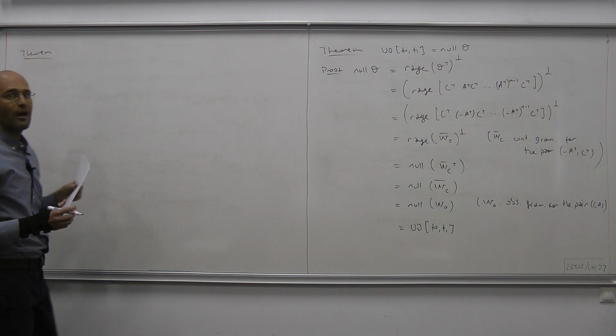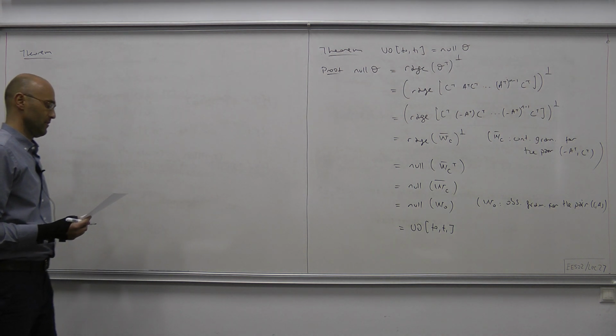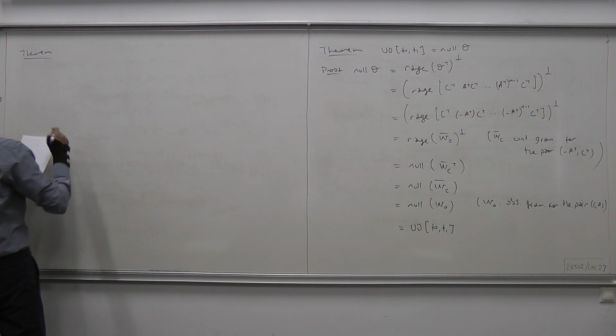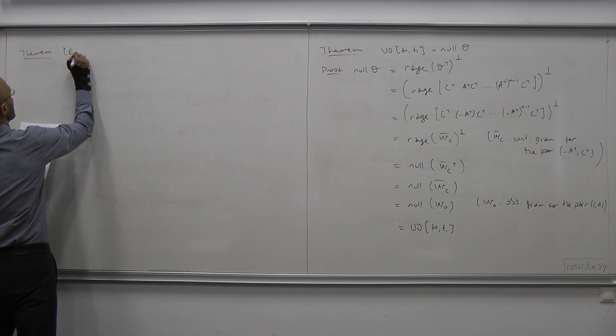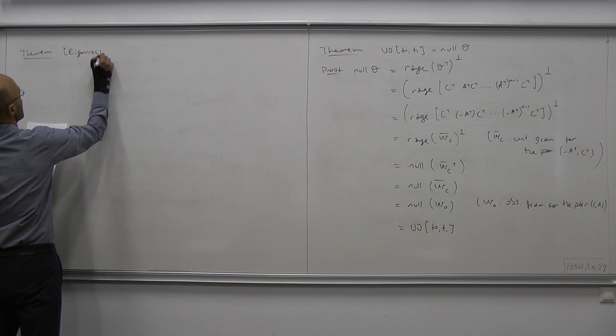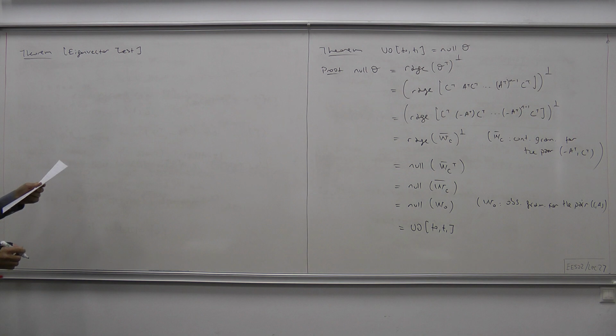Now let's dualize the eigenvector test of controllability to an eigenvector test for observability. Here is our eigenvector test for observability.